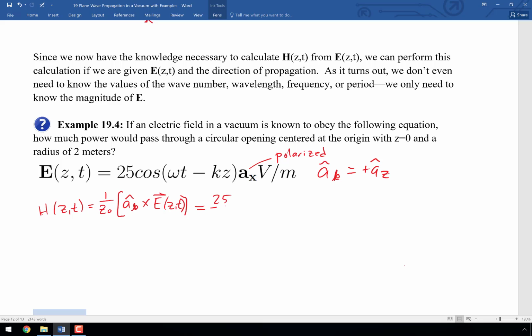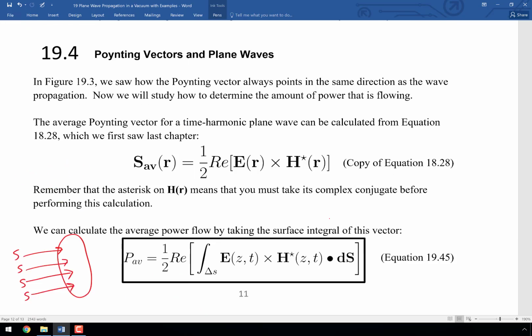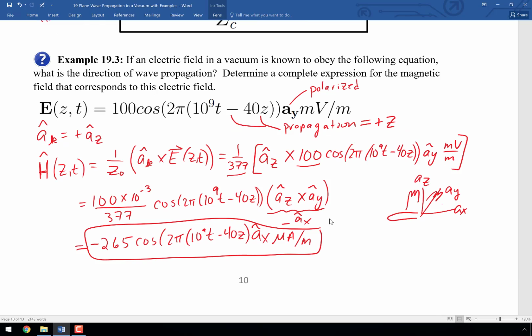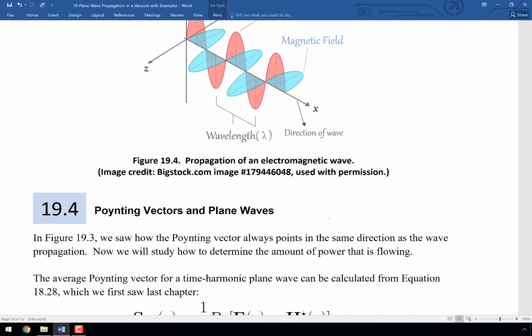This is 25 divided by 377 times the cosine of omega t minus kz, and that's going to be times a sub z crossed with a sub x, and it turns out that a sub z crossed with a sub x is a sub y. Let me just go back up and double check that. I had written an axis earlier. A sub z crossed with a sub x, yes, that does in fact give me a sub y. So I'm feeling good about that.